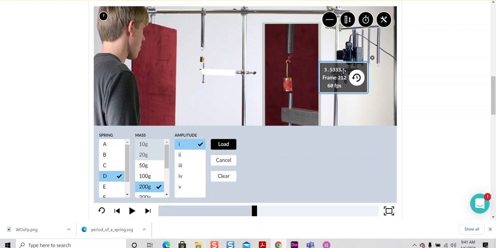set it where you can see it, take note of the time, 3.533, when it's at its first lowest point.